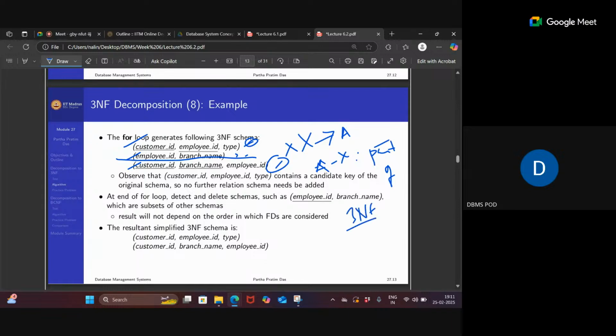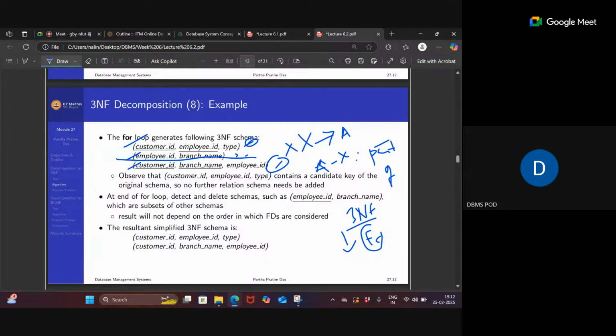We can decompose it into 3NF using whatever FDs we have. First we find the canonical cover for those FDs. To find the canonical cover, first eliminate the extraneous attributes and see whether there are any redundant FDs. If there are redundant FDs, we hold one of them and eliminate the other.